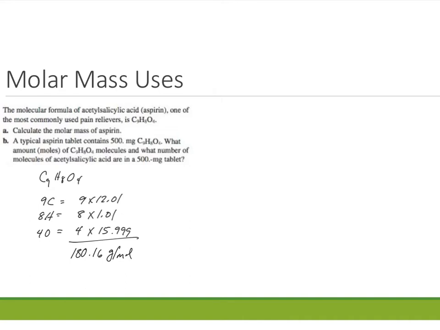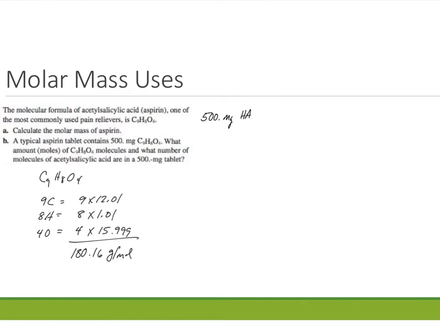That's part A. Now part B says a typical aspirin tablet contains 500 milligrams. What amount in moles and number of molecules is that? So, I know I've got 500 milligrams of acetylsalicylic acid, or aspirin.